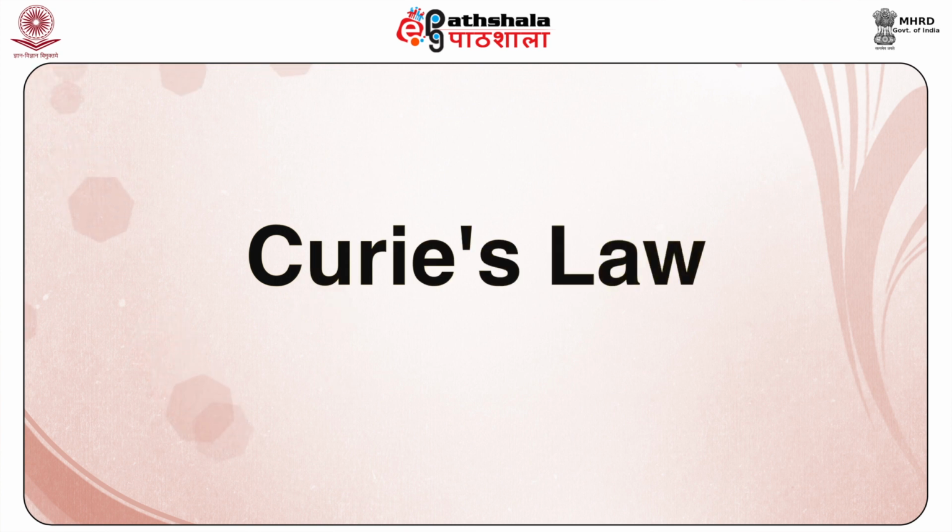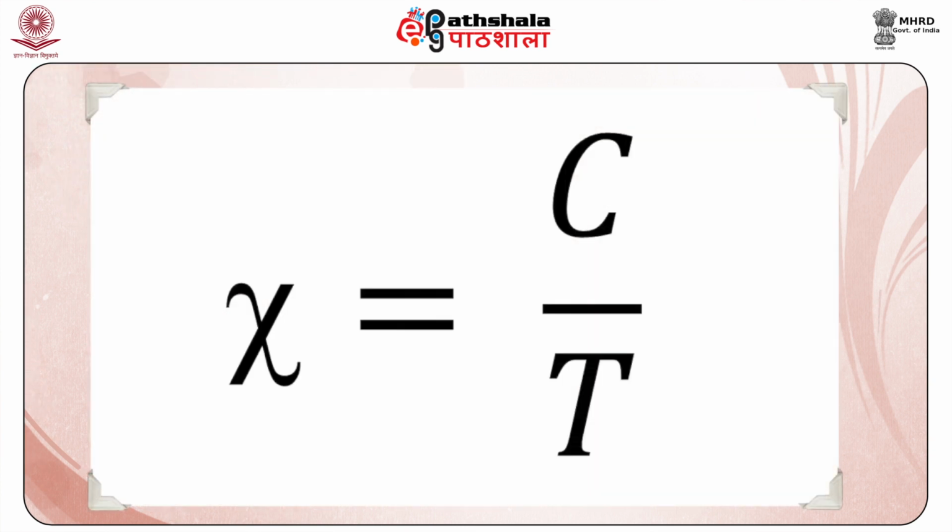Curie's law. The magnetic susceptibility equation may be expressed in the form χ is equal to C upon T. The relation is known as Curie's law, where C is the Curie's constant and is characteristic of a paramagnetic substance.